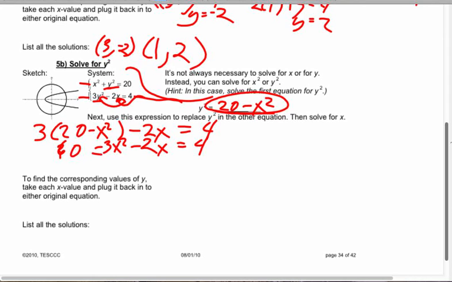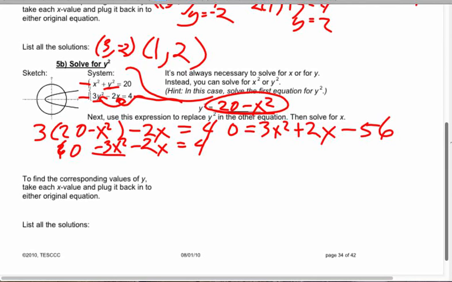And then I would like this to be a positive, so I'm going to move it on over. So I'm going to add my 3x squared. That's going to give me a 3x squared, and everything here now is going to equal 0 over here, plus 2x. Now subtract my 60. And that will give me minus 56.